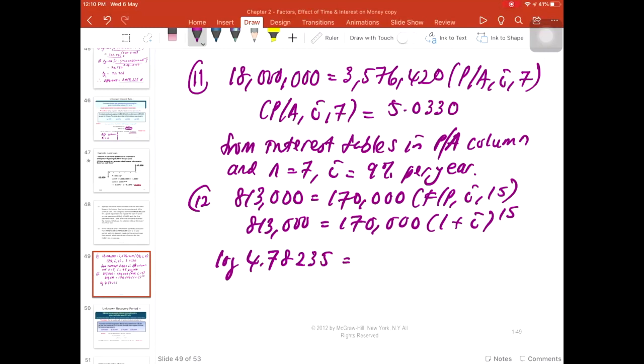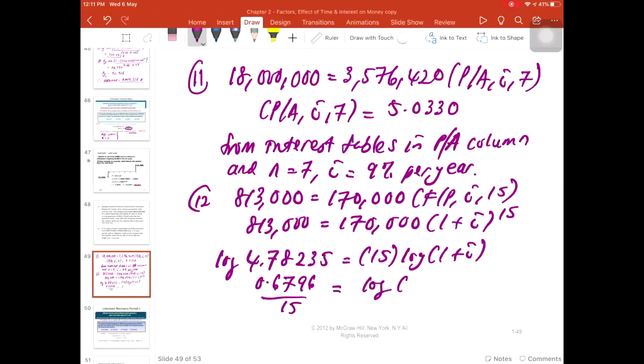You get 1 plus i. So you will get 6.96 divided by 15. Get log 1 plus.